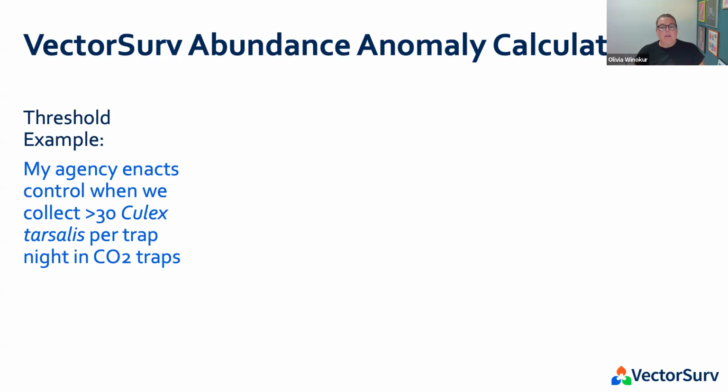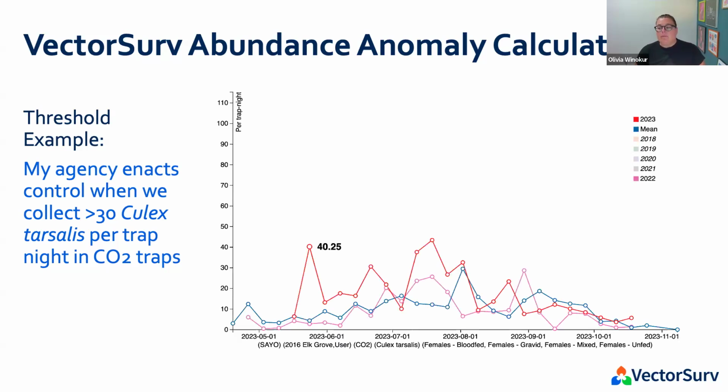Some of them are more advanced, but UtahSurv makes it really easy for me to plot this and see what's happening. If I use the UtahSurv abundance anomaly calculator, without showing you under the hood, what I've basically done here is plotted, this is for California, for the Sacramento-Yolo Mosquito Control District in this region in Elk Grove for my CO2 traps, looking at Culex tarsalis females, what is my abundance, so my mosquitoes per trap night.